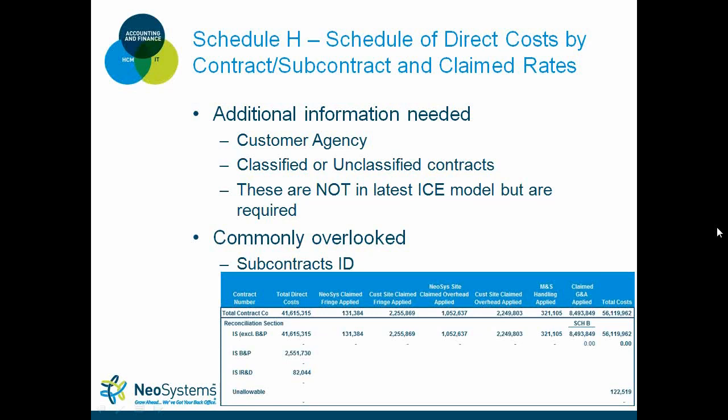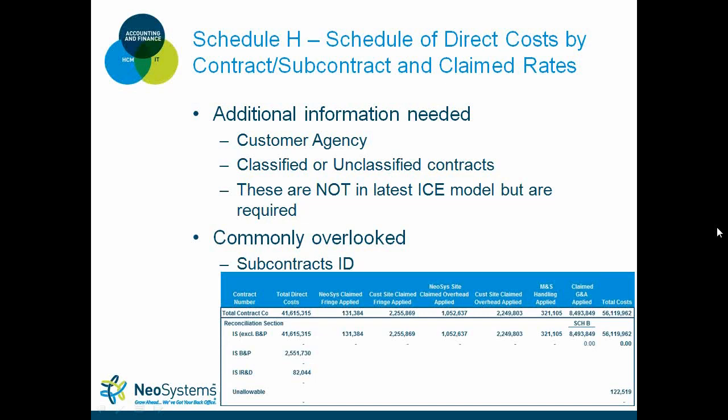Have them listed. Add those two columns, especially if you're using your own Excel model for incurred cost submissions. Ensure that you have those two. If they're not listed, if you don't even have the columns added, those are the things that will get you that letter that we certainly want to avoid.